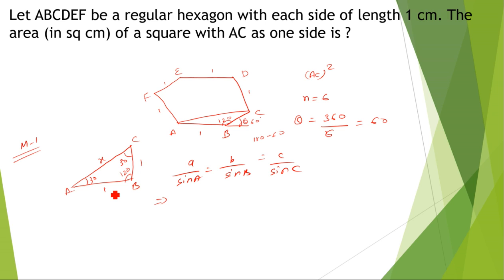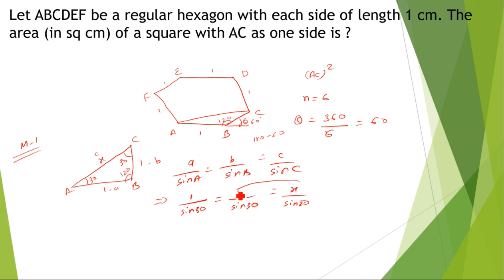So let this be A, B and C. So 1 by sine A, the angle opposite to this side, is sine 30. Then 1 by sine B, the angle opposite to this is sine 30. And x by sine C, the angle opposite to this is sine 120.